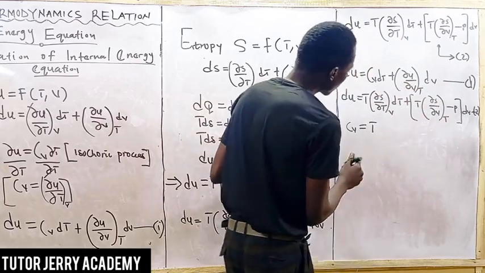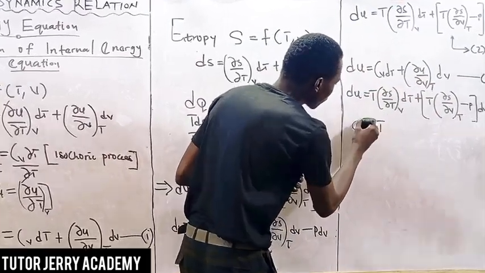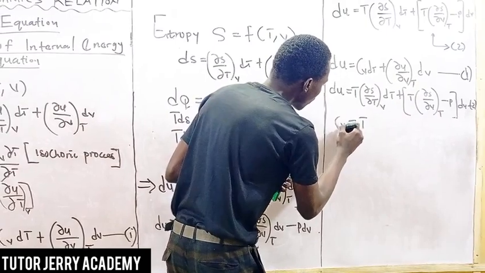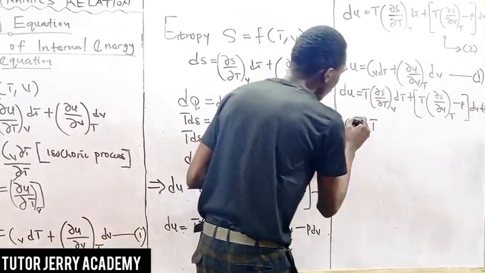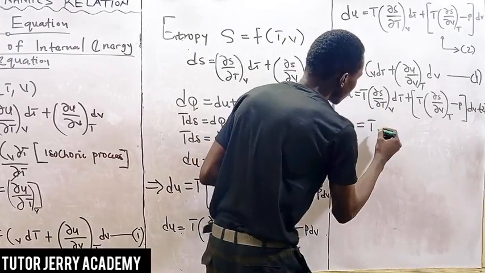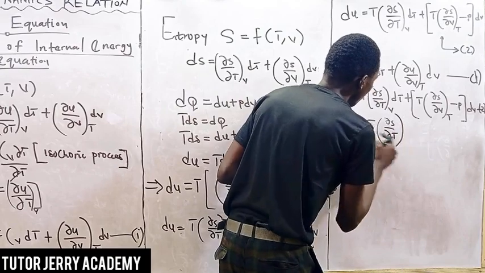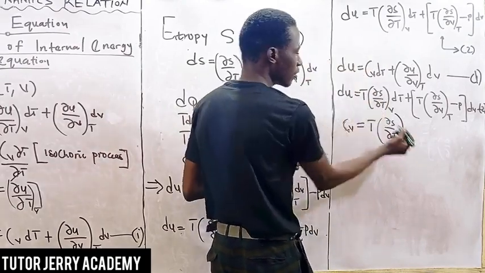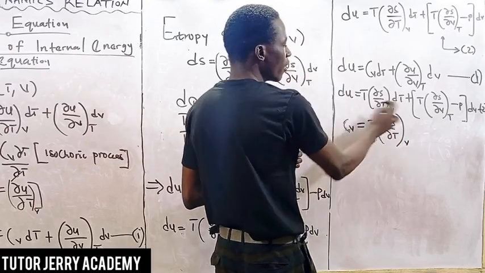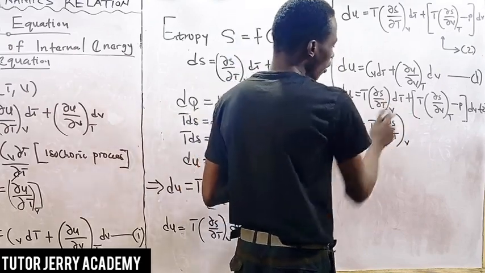So Cv now, which is having dt as the coefficient, is equal to t into the bracket of the partial derivative of s over the partial derivative of v, wherein it is the coefficient of the t.